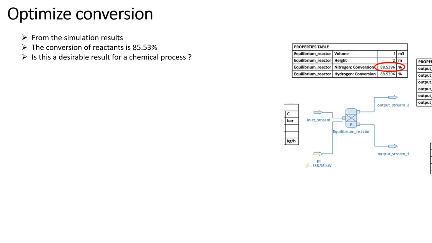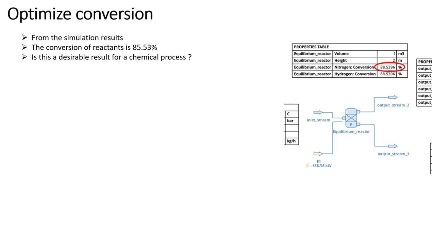Why? Because if it is not close to 100%, then the next task is to separate the products from the reactants and resupply the reactants for conversion, which just increases the inefficiency of your process. And using a separation method will increase the cost of your production, because separation comes with a cost.